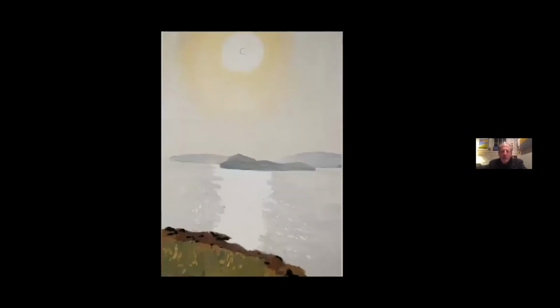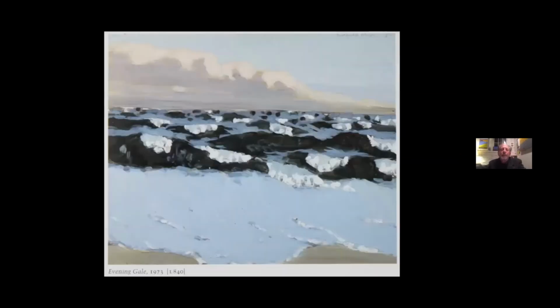Fairfield Porter was a really close friend of my mother's. Knew him all my life. I never really thought I was that influenced by Fairfield, actually. He just seemed like the logical way to paint. But I was in his studio when he was doing this series in the 70s of these waves.